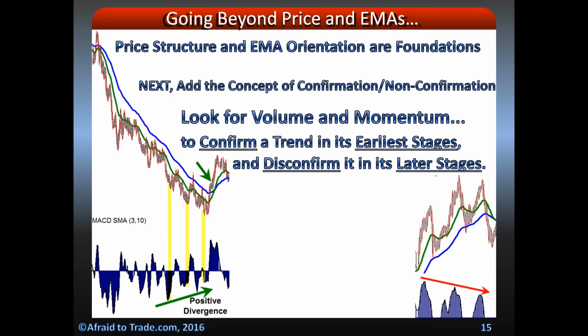If price is rising, if trend is up, but volume is trending down, or momentum in this case is trending down, price is making higher highs, but momentum, market internals, volume are not. That's a non-confirmation, and that suggests a trend reversal, especially if you've had a lengthy trend. That's your key. The trend's been going on for a while. You're starting to see divergences. You don't want to buy those pullbacks.